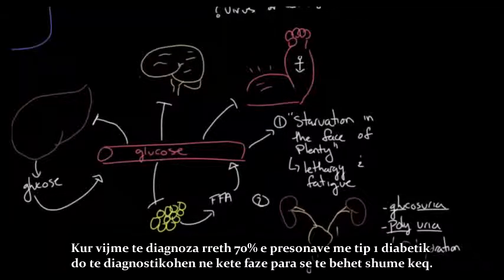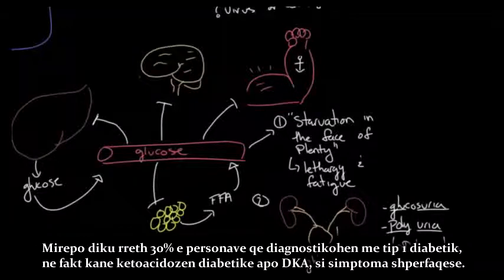When it comes to diagnosis, about 70% of individuals with type 1 diabetes will be diagnosed in this stage before it gets too bad. But unfortunately, about 30% of individuals who are diagnosed with type 1 diabetes actually have diabetic ketoacidosis, or DKA, as their presenting symptom.